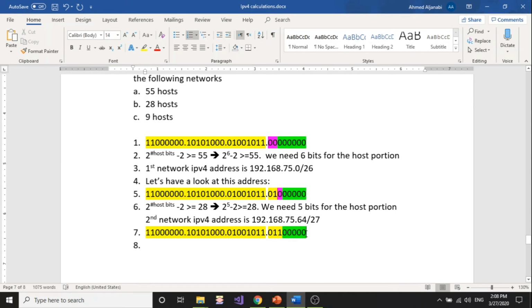Now remember, I do have now 5 available bits for the host portion. Let me change this, make it a little bit smaller. I'll put 5 here, just to show you a little bit different example. Since I have 5 hosts that I need, I'm going to copy the same thing here.